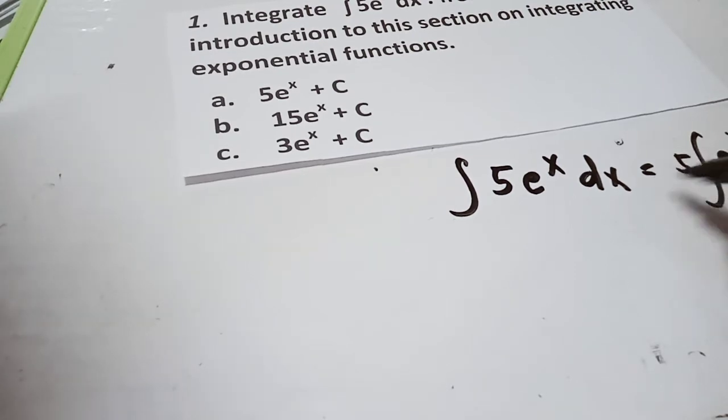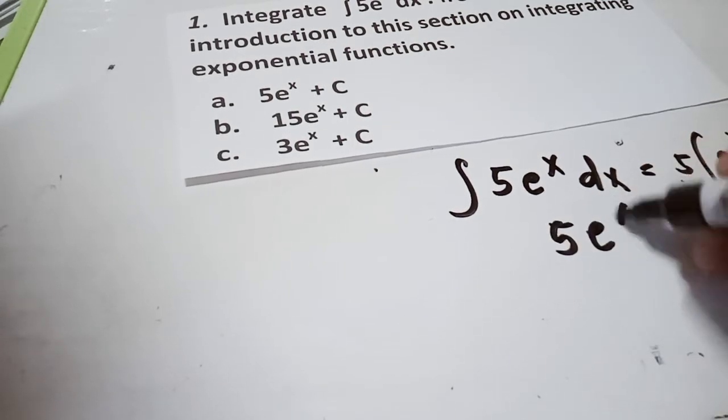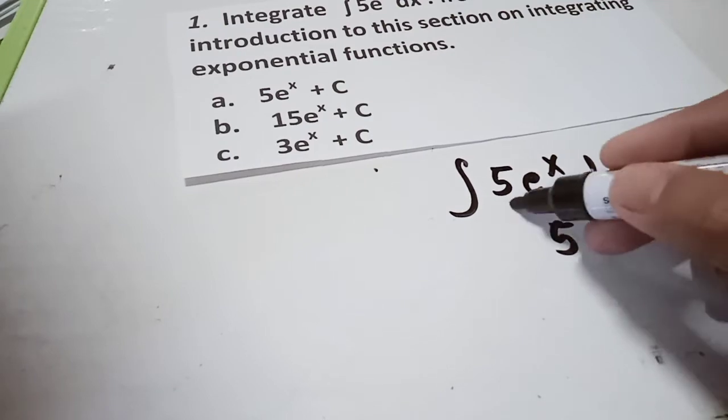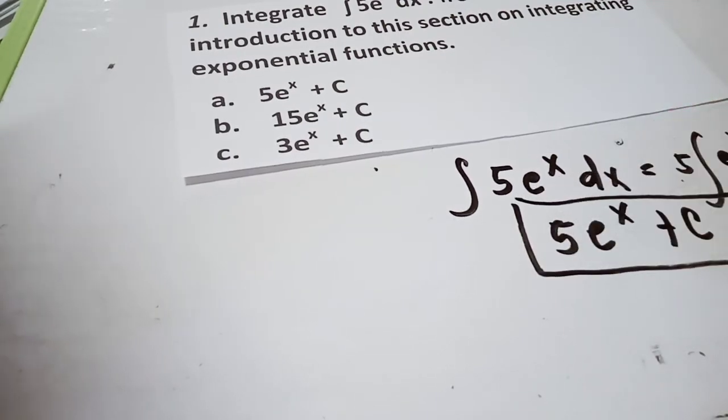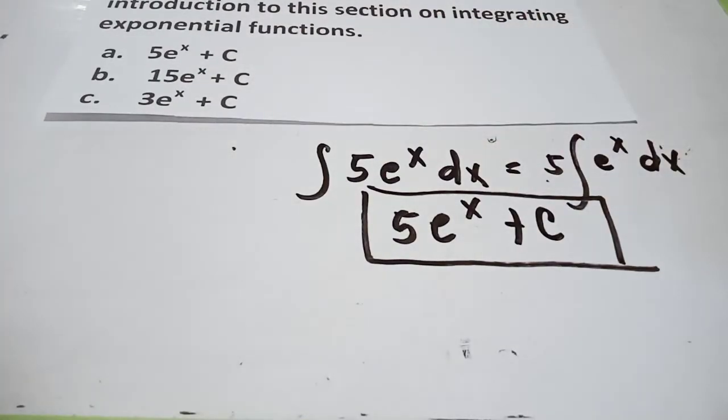We integrate this as 5 times the integral of e to the x dx, so we get 5e^x plus the constant. This will be your final answer. So the answer for number 1, 5e to the x dx, is letter A. Don't forget the exponential function.